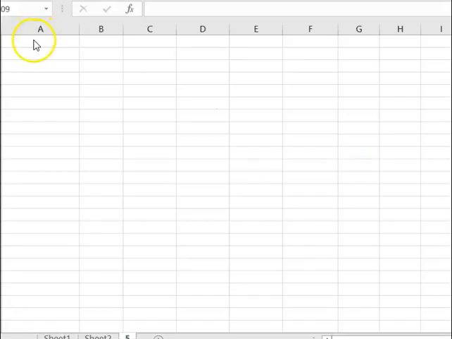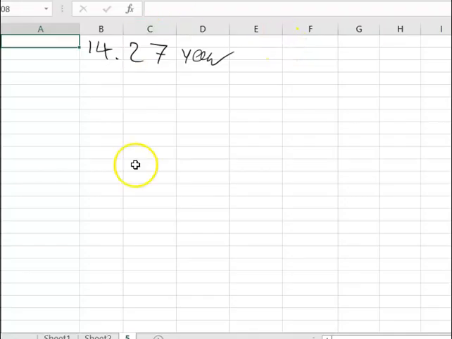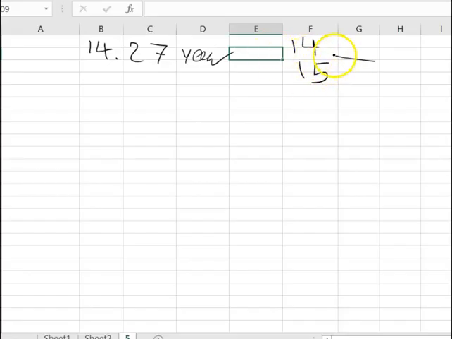You may ask, what about that 14.27 year that we received? Because we noticed that the break-even point is between 14 years and 15 years. But how can you specify it with this level of accuracy? There are some mathematical techniques for doing so, but for now, forget about those mathematical approaches.